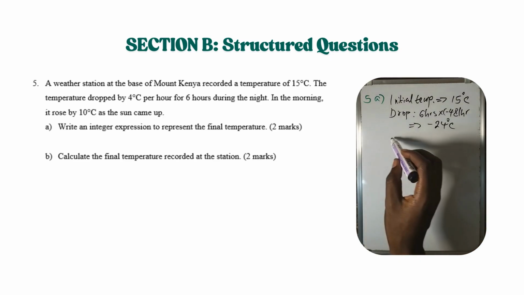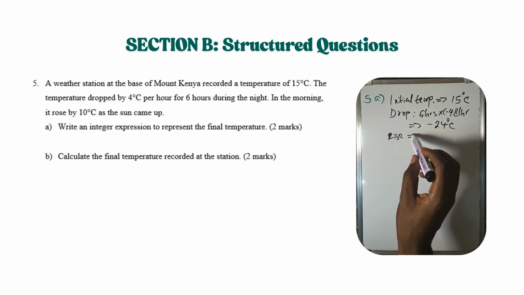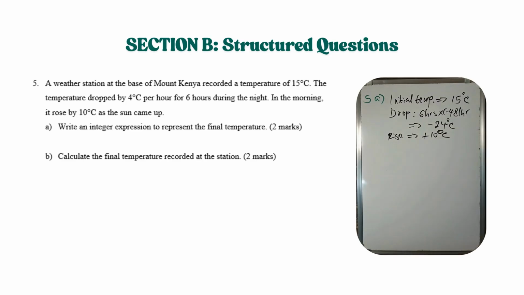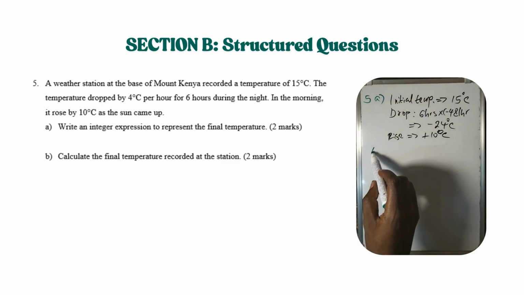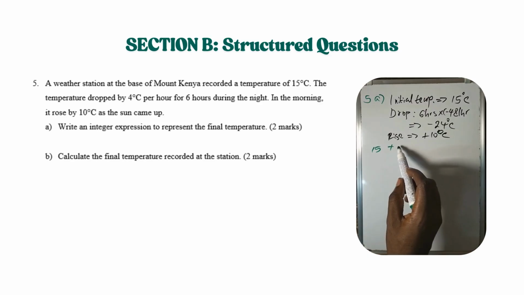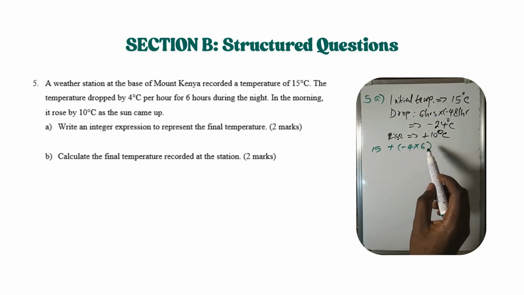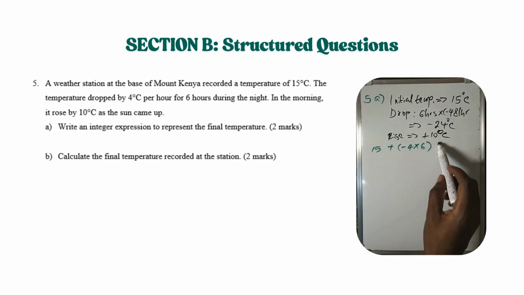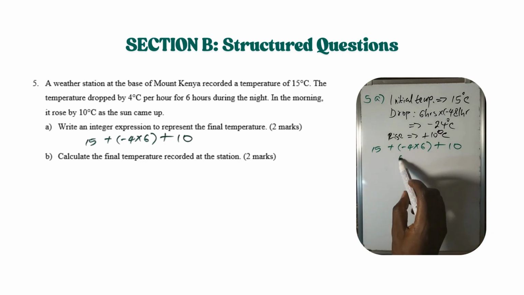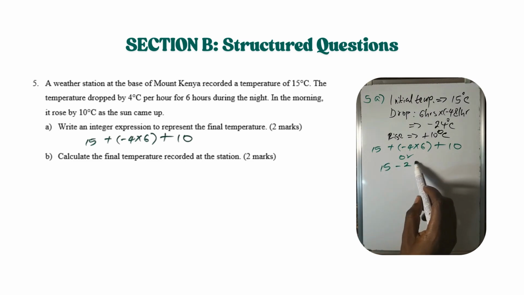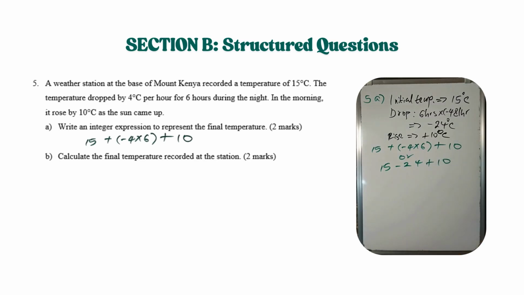But it rose in the morning by 10 degrees Celsius, so that's positive 10. So our expression will be 15 plus negative 4 times 6, and then we add 10. Or you can simplify it further and say it's 15 minus 24 plus 10.